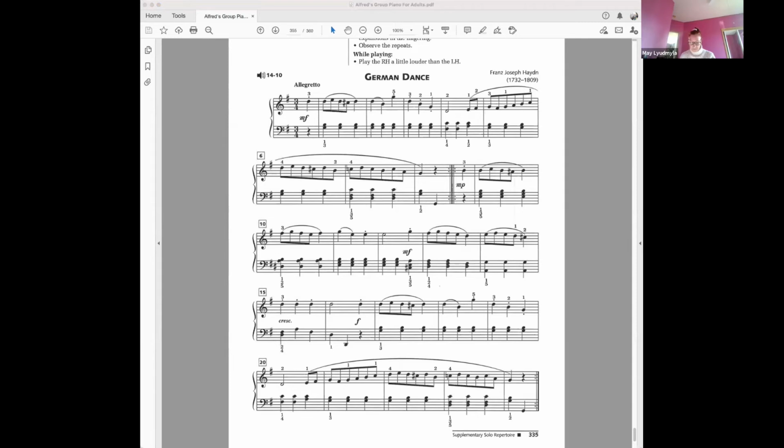Haydn was born in Austria, but he spent a lot of time in Hungary, and he was important because he was employed by the Esterházy family at their estate. He was a court musician for this wealthy family. And the nice thing was that it paid him very well. He was a friend of Mozart and Beethoven.